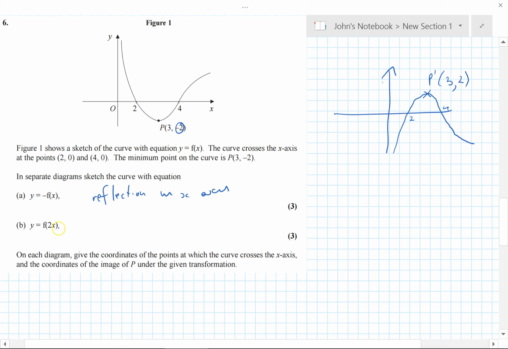This one, notice it's inside the bracket here. So for every coordinate, the y coordinate is unchanged.